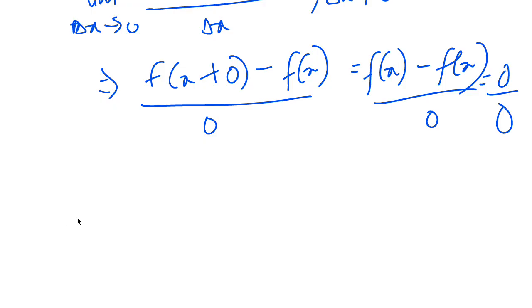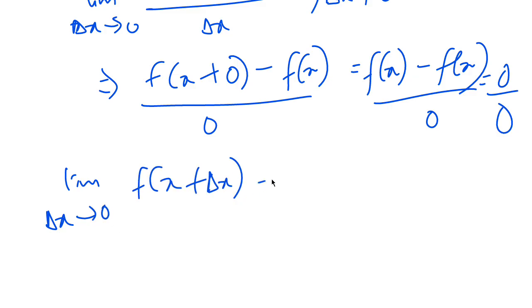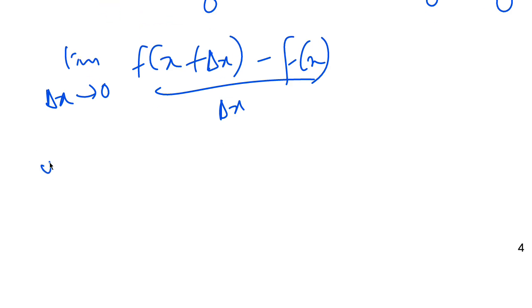So this formula I just wrote, which says that the limit as the change in x tends to 0 of f of x plus change in x minus f of x, over the change in x, is what we use for differentiating from first principle. Let's say we are given y equals x squared, and we have to differentiate from first principle.